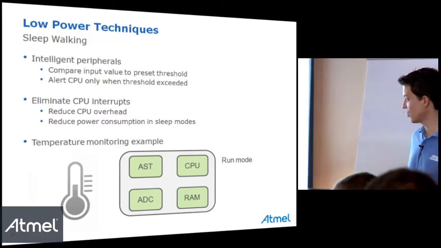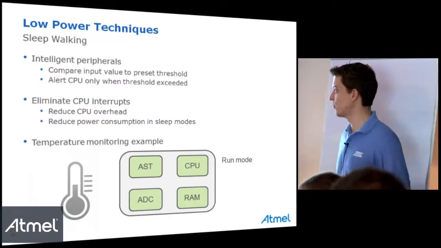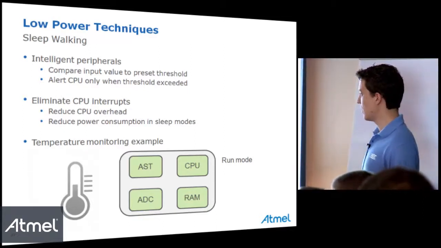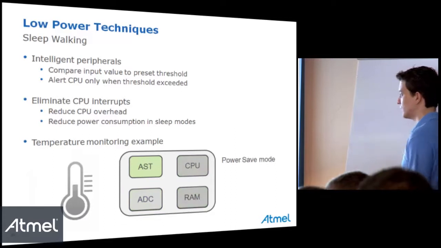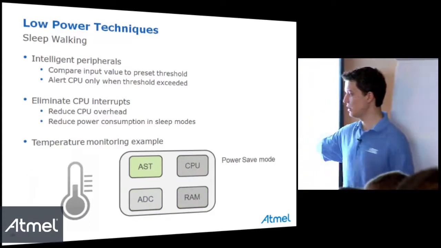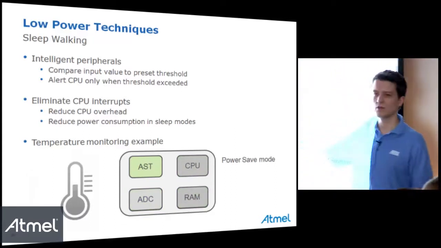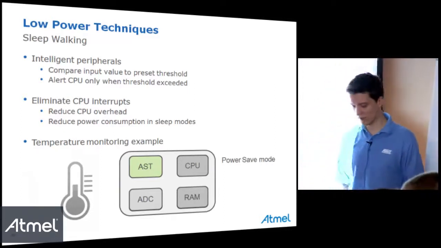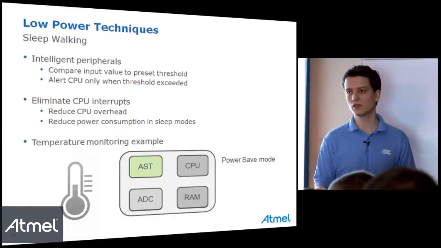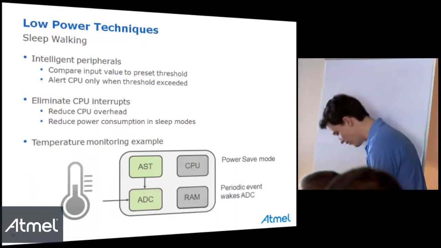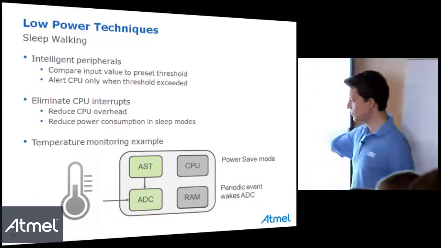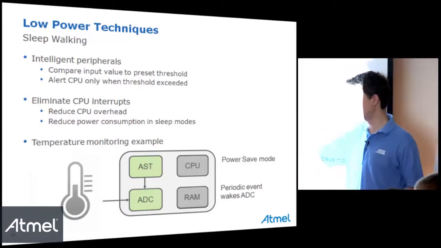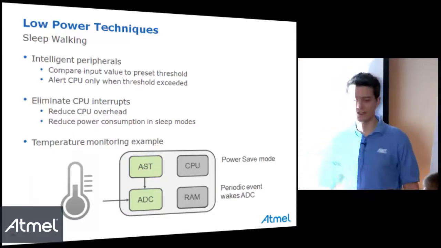I will just take a short example. It's a temperature monitoring example. My application will go to power save mode with only the asynchronous timer, the RTC, activated. This asynchronous timer will generate an event every second. This event will be redirected using the peripheral event system to the ADC.